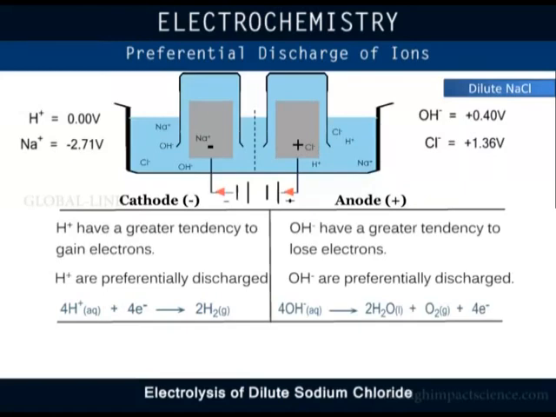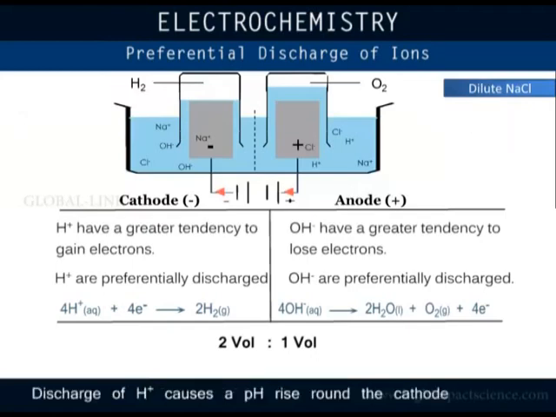Notice that for every 4 electrons transferred, 2 volumes of hydrogen and 1 volume of oxygen gas is produced. Therefore, the electrolysis of dilute sodium chloride is similar to the electrolysis of water. In addition, as hydrogen ions are used up at the cathode, the relative concentration of hydroxyl ions around the cathode increases, resulting in an increase in pH.